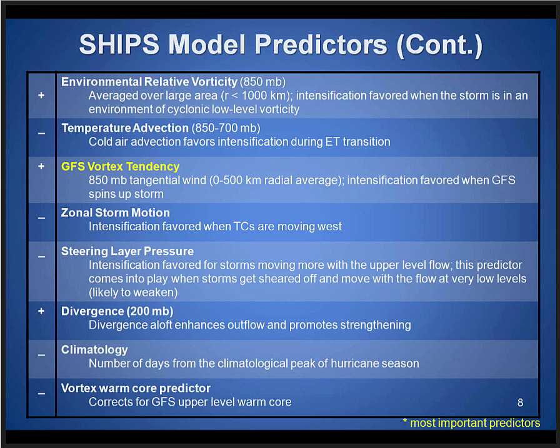Some more of the predictors: I think the latest rendition has 15 or 20 predictors. The one that's most important on this page is the tendency at 850 millibars for the vortex to spin up in the GFS. So we're moving toward a fully dynamical version of this, essentially, because you're incorporating how much intensification the GFS model itself sees for the vortex.